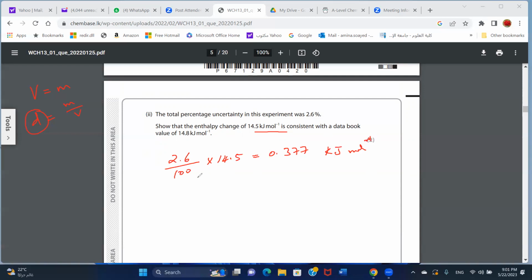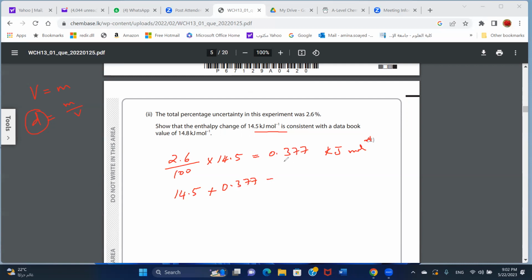And then? So we add this to the 14.5. We add it to what? To the 0.377. So the answer is 14.877.